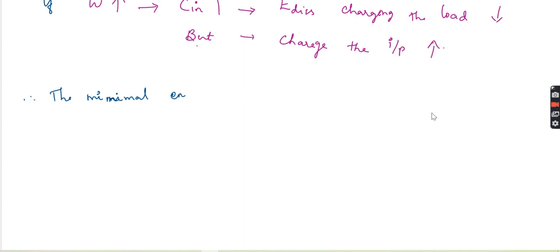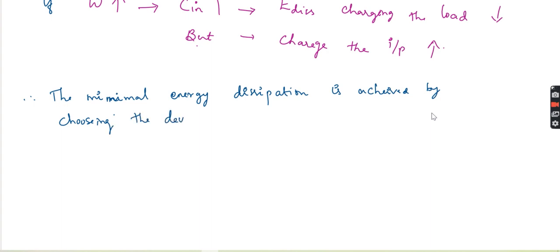Minimal energy dissipation is achieved by choosing the device size. So even your device size will play an important role here.